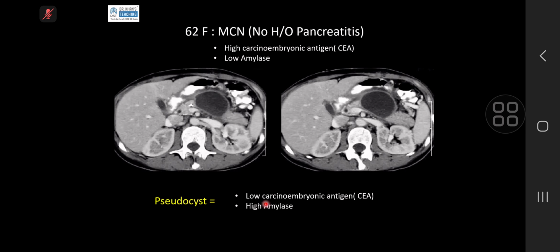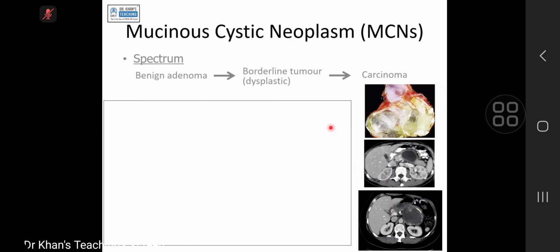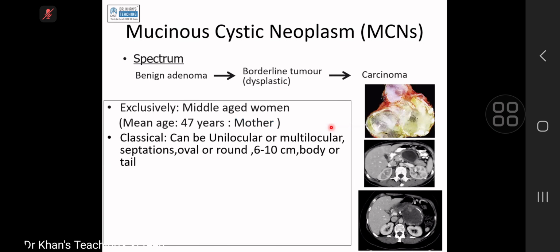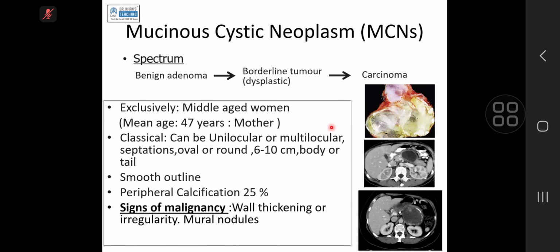In pseudocyst, CEA will be low and amylase will be high, and vice versa in mucinous tumor. So you don't sit on a mucinous tumor. You actually advise the patient either follow-up or surgery if possible. But of course, in the real world, not everybody can have surgery because of age and all those things.